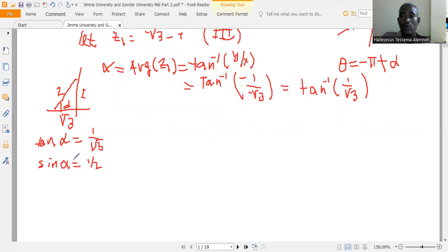So sin alpha is equal to 1 over 2, which means alpha is 30 degrees.